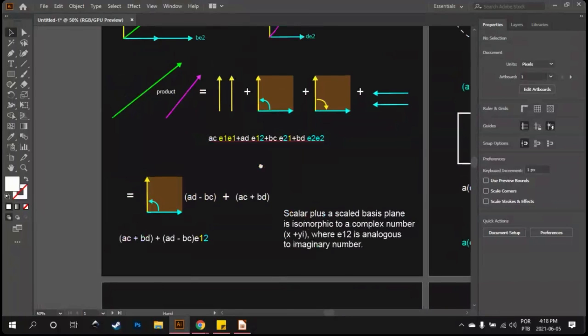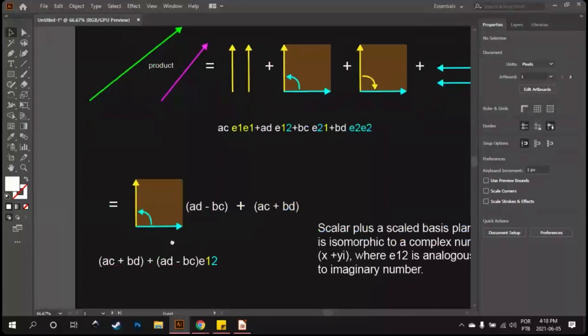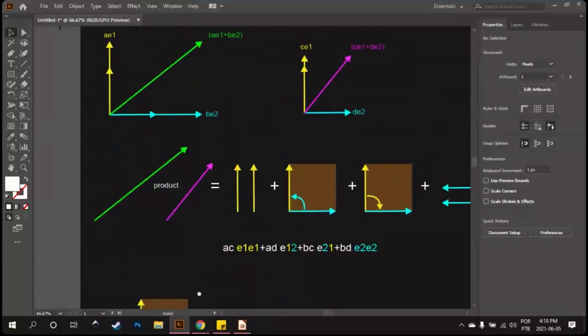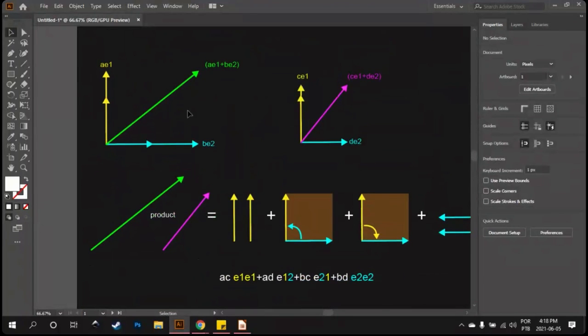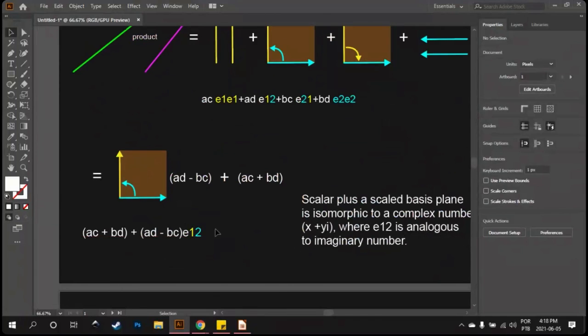Simplifying this out algebraically yields this: a scalar, formed from the scalars of the basis vectors of the original vectors, plus the basis plane scaled by the scalars, so the basis plane with a larger size.